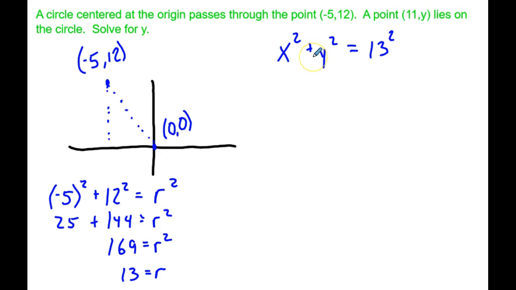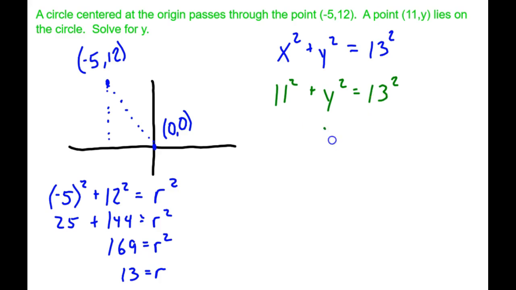Now that we have the equation for our circle, we want to determine the y value that is going to complete this point if we know that the x value is 11. So we're going to substitute this x value of 11 back into our equation. So we get 11 squared plus y squared equal to 13 squared. Now we just have to simplify to isolate y squared by itself.